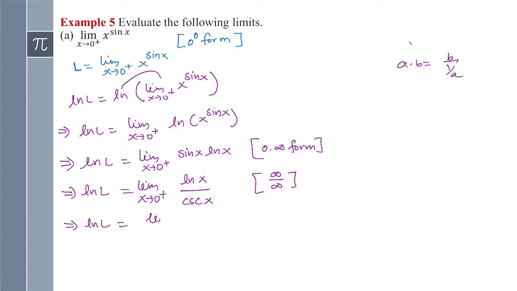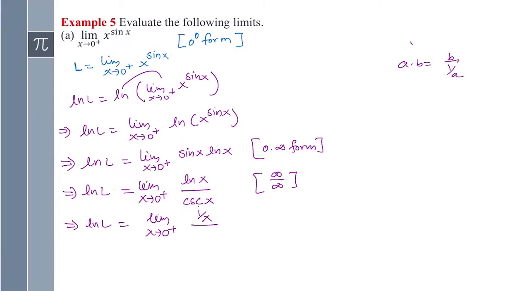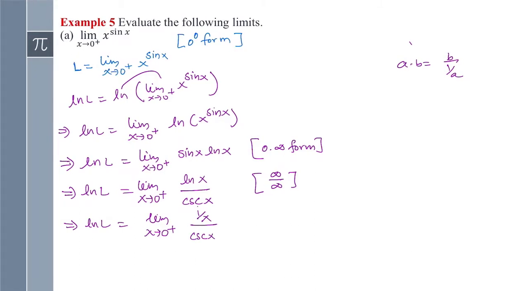So the limit as x approaches 0 from the right. The derivative of natural log of x is 1 over x. The derivative of cosecant x is negative cosecant x times cotangent x. Now let's see what we get. Natural log of L equals the limit as x approaches 0 from the right.